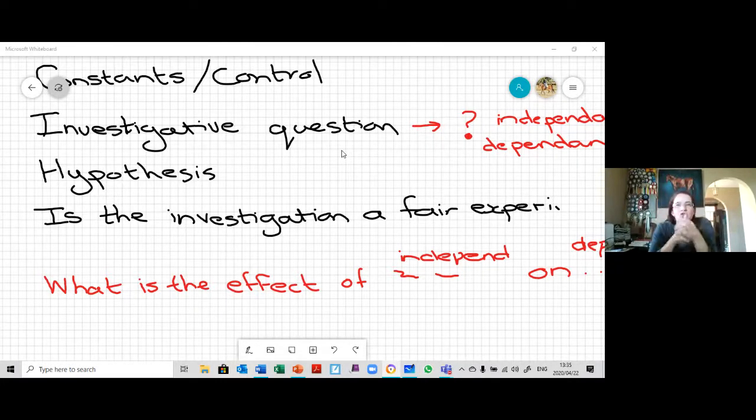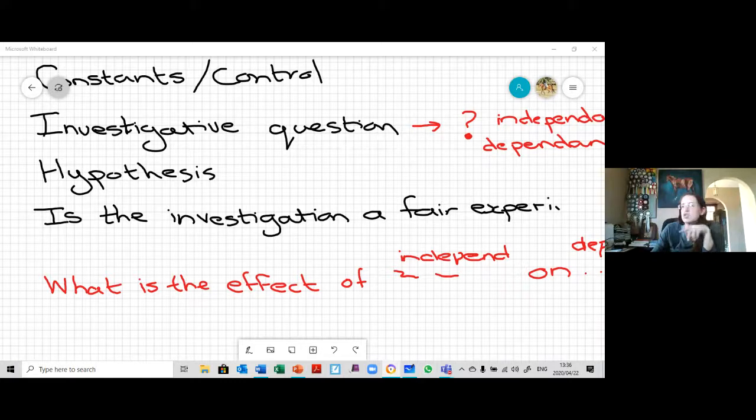Just always go back to what is good experiment protocol. Good experiment protocol says that I am investigating the relationship of one thing on another, two things. I control the independent variable, and I want to see what changing my independent variable does to my dependent variable. If I have too many independent variables, too many is anything more than one, then I don't know which of these influences my dependent variable.